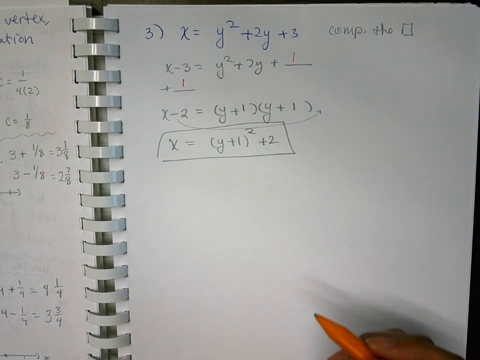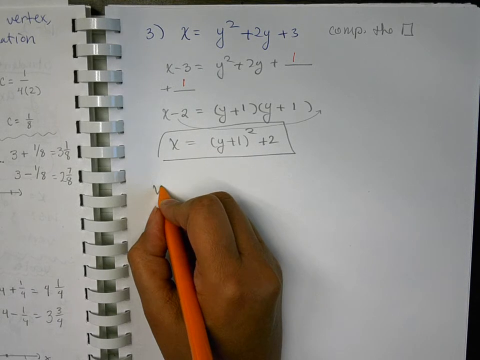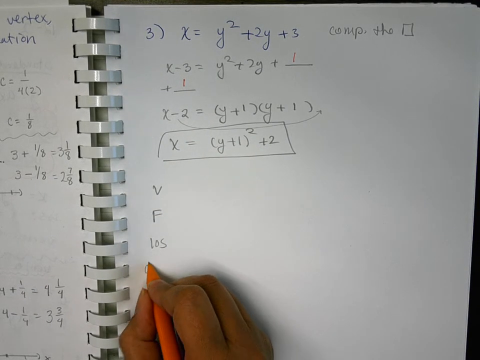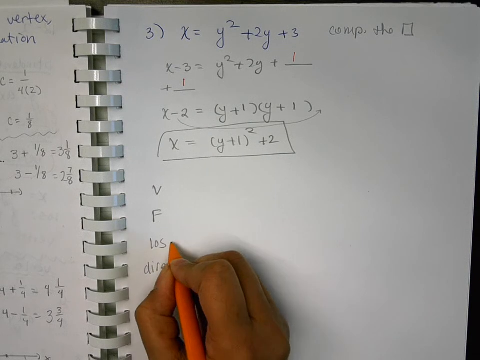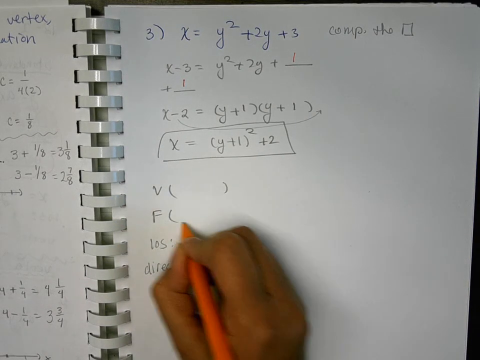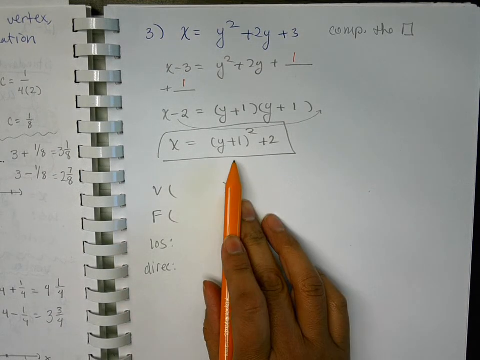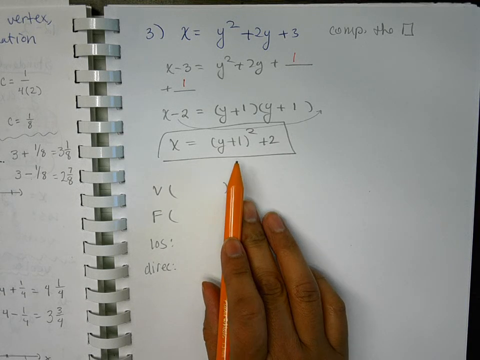All right, V for vertex, F for focus, LOS for line of symmetry, and directrix for directrix. All right, remember opposite of the inside, outside stays the same, but be careful. Which direction is this parabola opening? Up, down, or is it sideways? Sideways. So the most common mistake kids make is they do this.